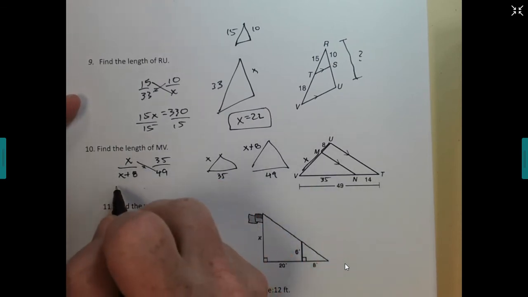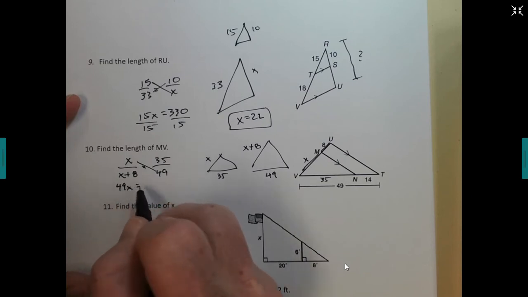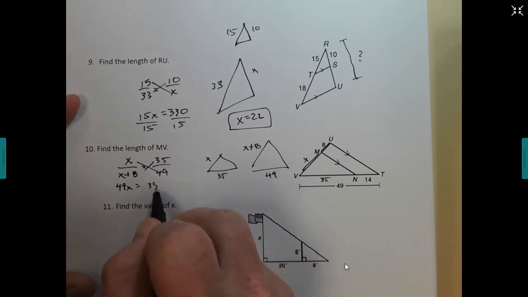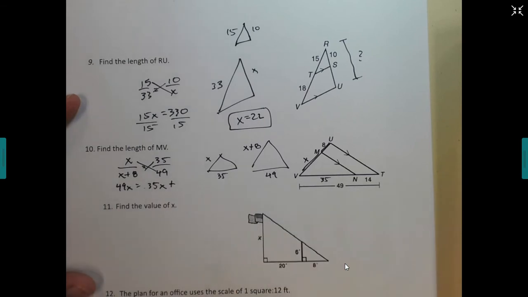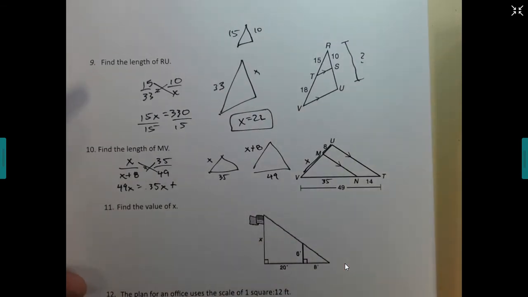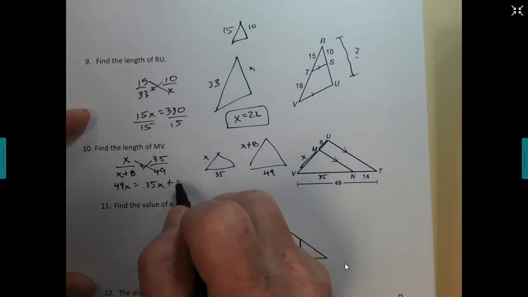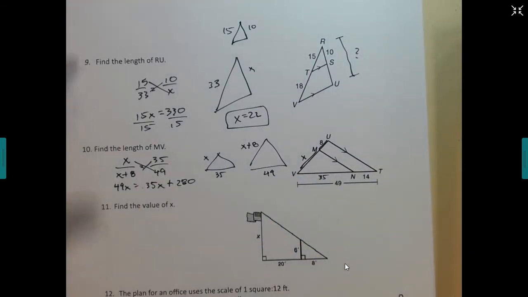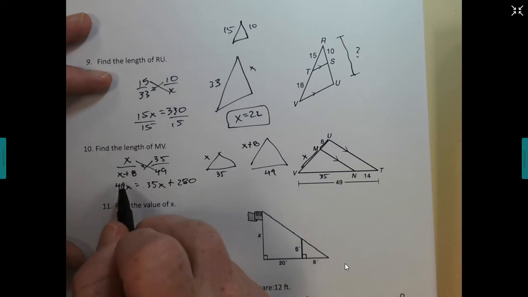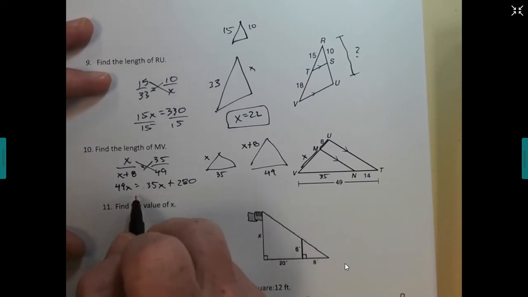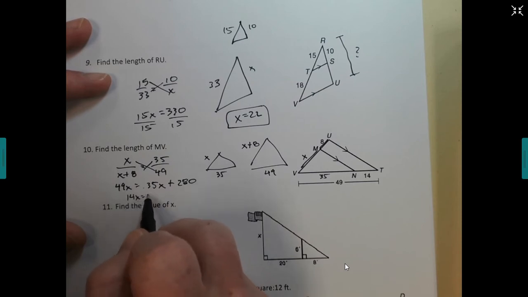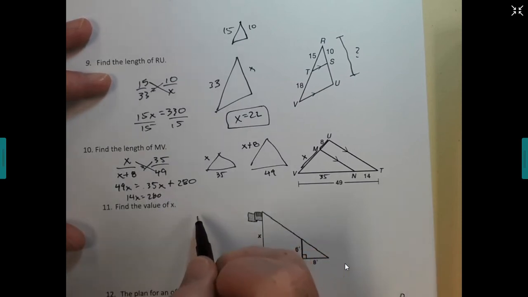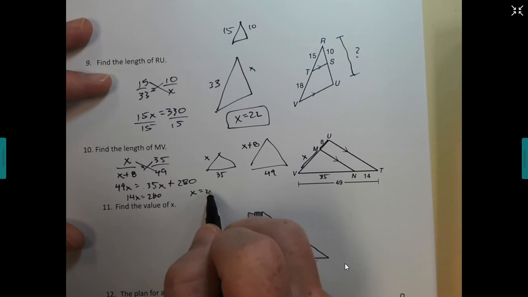Cross multiply over and over and over. 35 times 8, because I'm distributing, it's 280. Move the 35 over there through subtraction. That means I'm left with what? 14. X equals 280. Divide both sides by 14, and x is going to be 20.